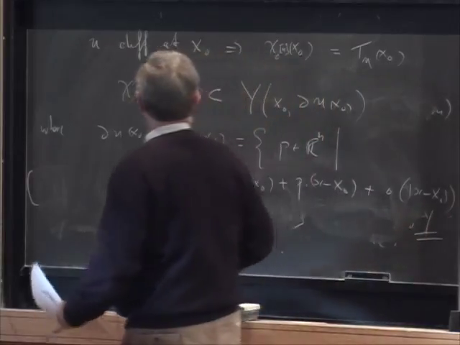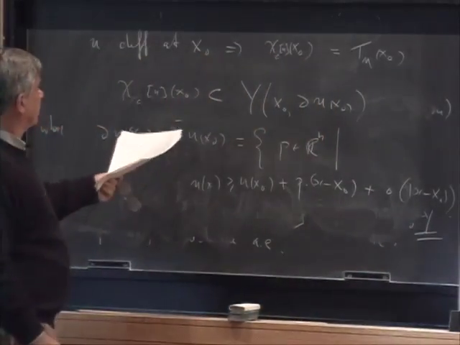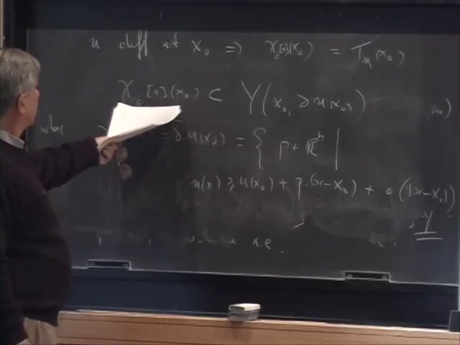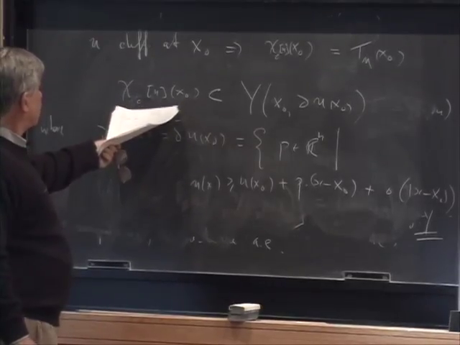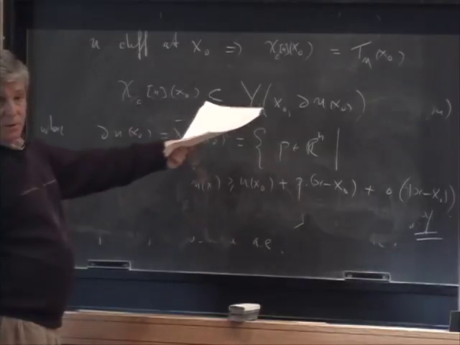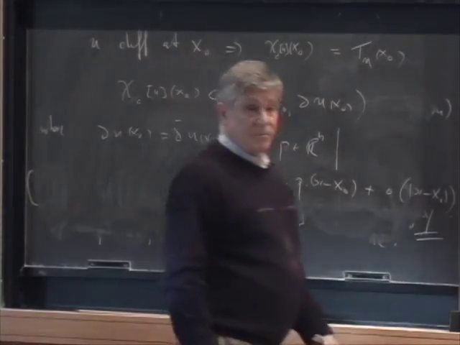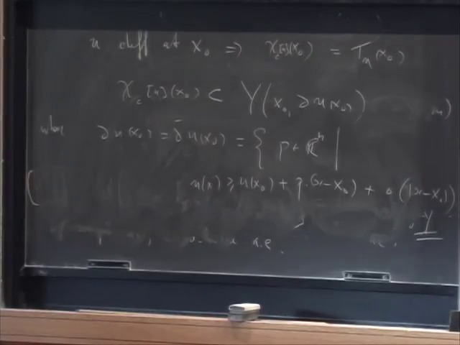So we would always have that this image of the C-normal mapping belongs to Y of the subgradient. Always have this.